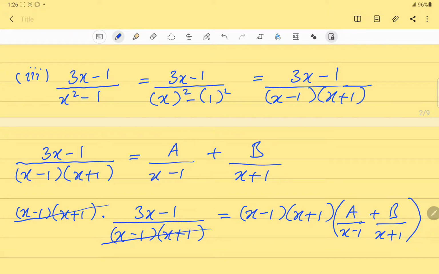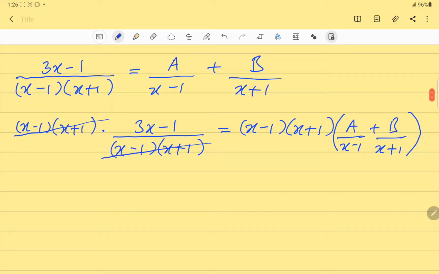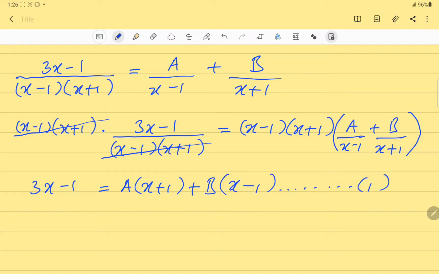This cancels with this. We are left with 3x minus 1 equals a into x plus 1 plus b into x minus 1. Let us call this equation 1.